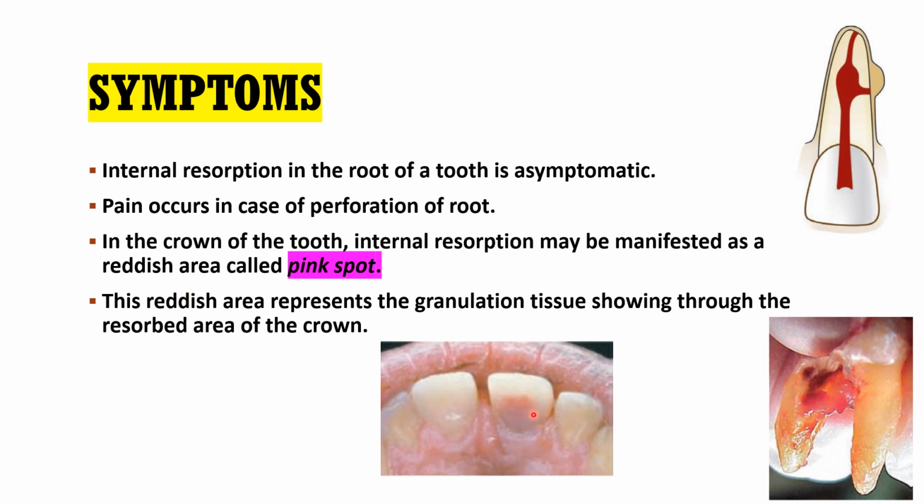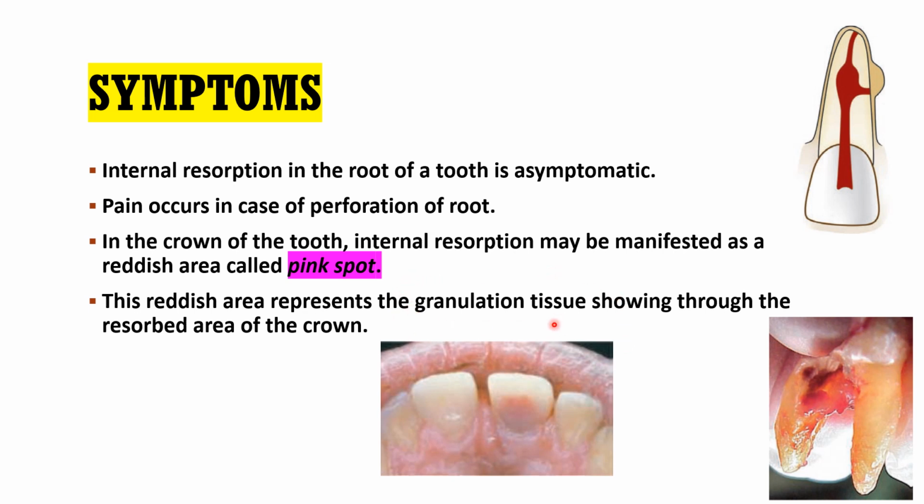Now, why do you see this reddish or pinkish discoloration or pink spot? This is because the area of the dentine is covered by granulation tissue, which is seen through that resorbed area of the crown. What happens in this resorption is that your dentine gets resorbed, and internally that dentine is replaced by granulation tissue.